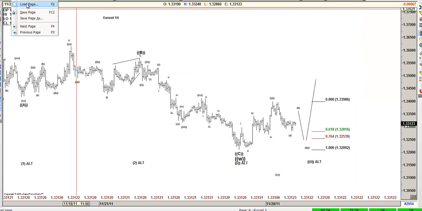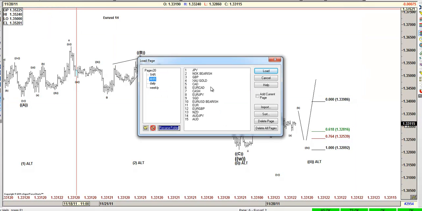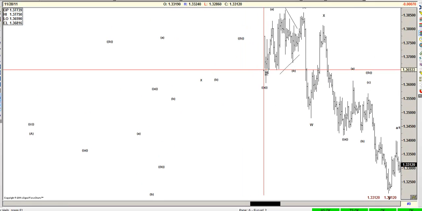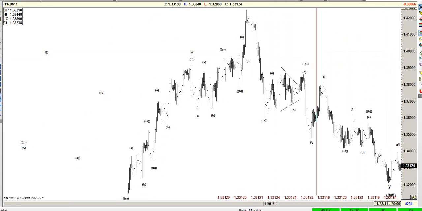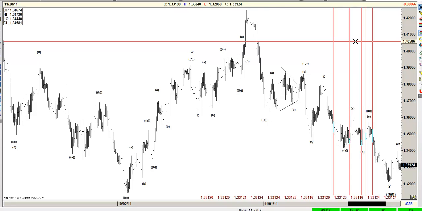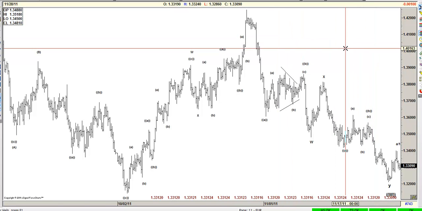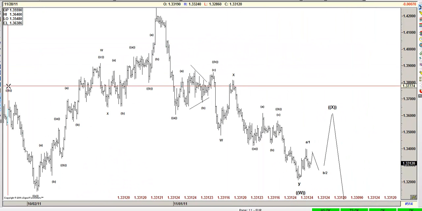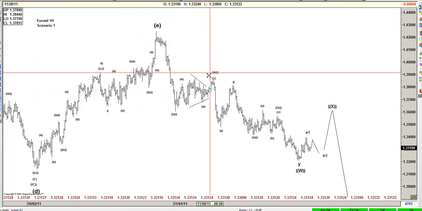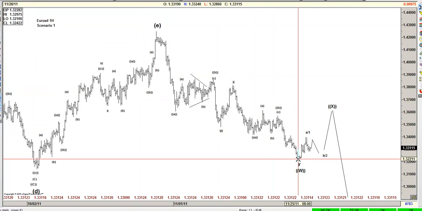If you take a look at the 4-hour chart, it's the same that we've been explaining all over. The recovery from the top is a 7 swing wave, 1, 2, 3, 4, 5, 6, 7 swing.